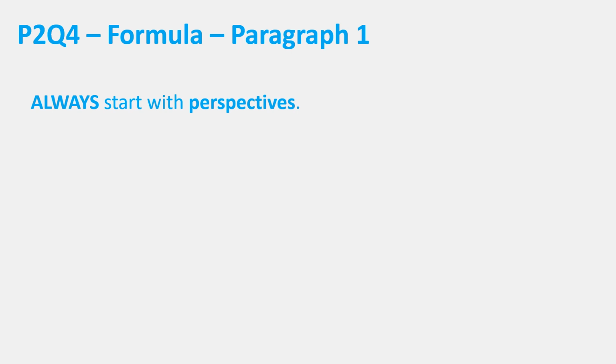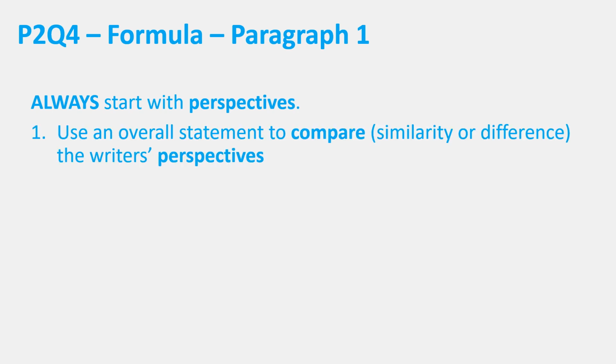So if you're somebody who is kind of languishing around 7 or 8 out of 16 for this question, one of the things we would look at first is, look, are you writing a good opening paragraph about perspectives? If you do that, you are going to write a decent answer. What you're going to do is you're going to start with an overall statement to compare.